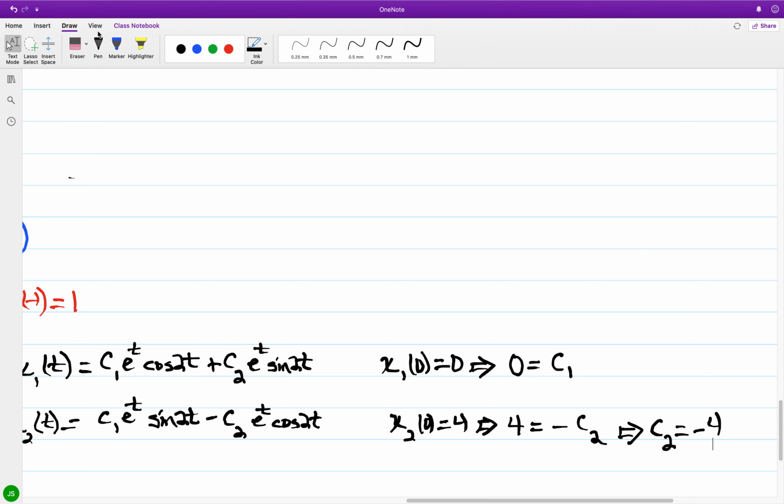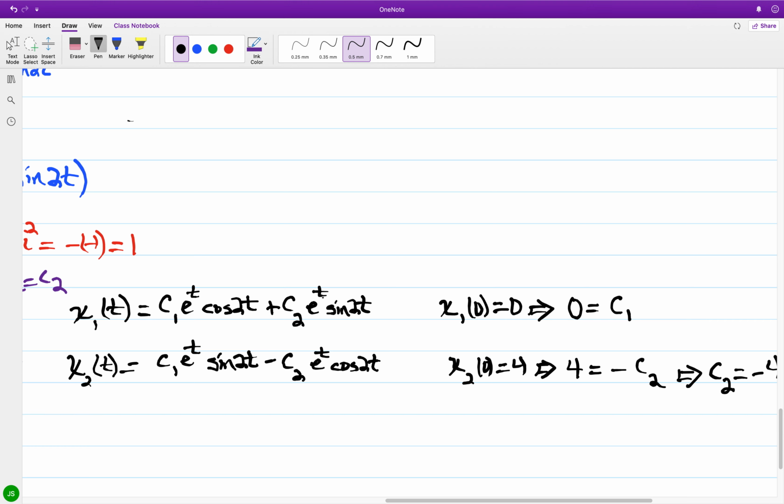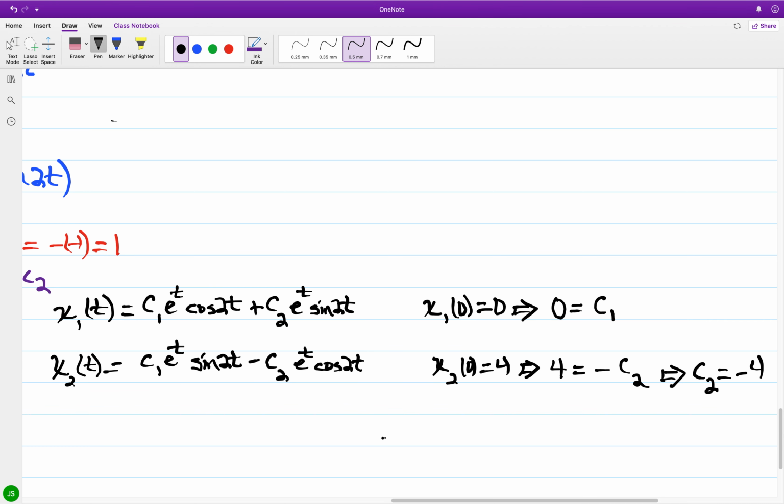So for the general solution, putting back, c of 1 is negligible and c of 2 is negative 4. For the specific solutions, x of 1 of t is equal to negative 4 times e to the t sine of 2t.